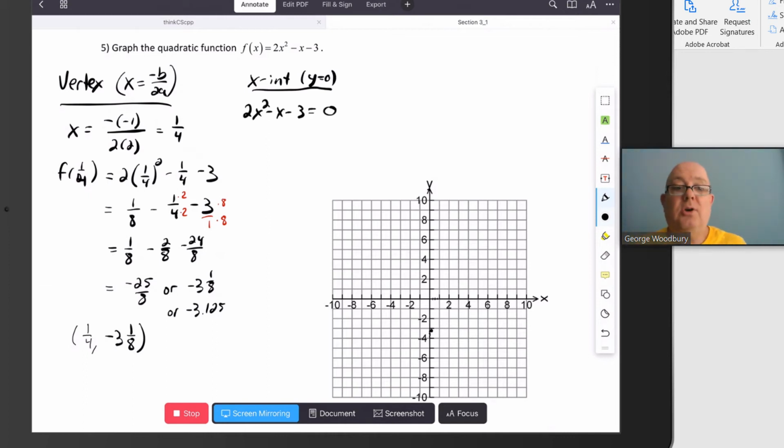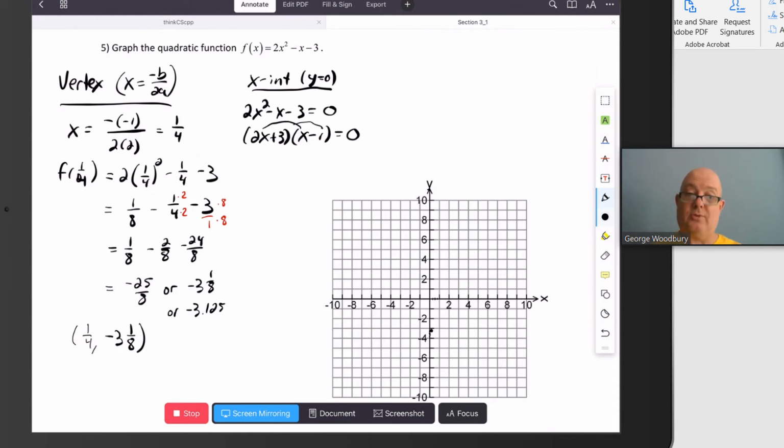And you may think about going to quadratic formula here, but this one factors to be 2x plus 3 times x minus 1. If you FOIL that back out, 2x times x is 2x squared. 2x times negative 1, that's a negative 2x.